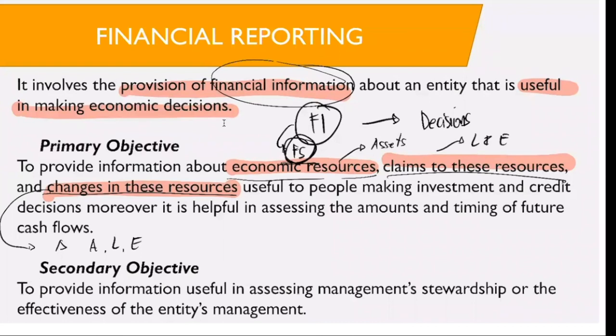Now, we also have here as part of your definition: useful in making economic decisions. Based on these resources, claims on these resources, and changes in these economic resources, we try to make decisions. Later on, we will learn what decisions are made by your users.